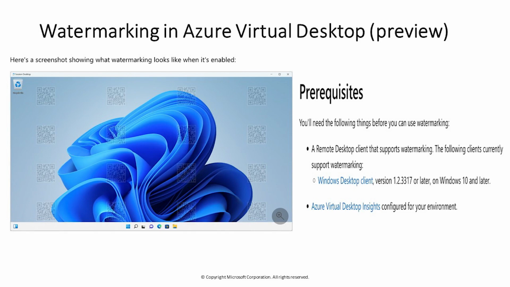Watermarking, by the way, is only for remote desktops, right? With RemoteApp, watermarking is not applied and the connection is allowed. Also, sometimes you might connect to the session host directly, not through the virtual desktop, maybe using MSTSC, RDP.